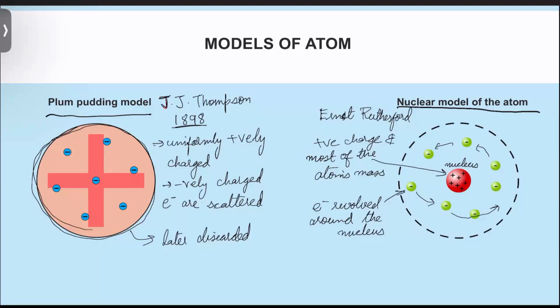Also, an atom as simple as hydrogen, which, as you know, consists of only one proton and one electron and no neutron, was later seen in experiments to emit a very complex spectrum at different wavelengths.